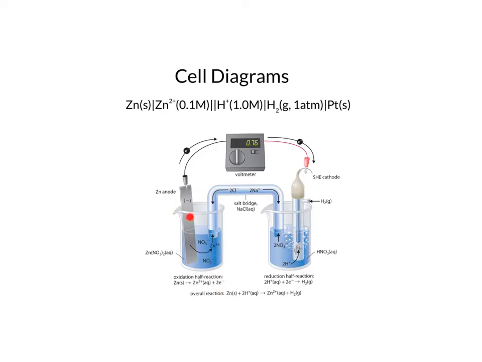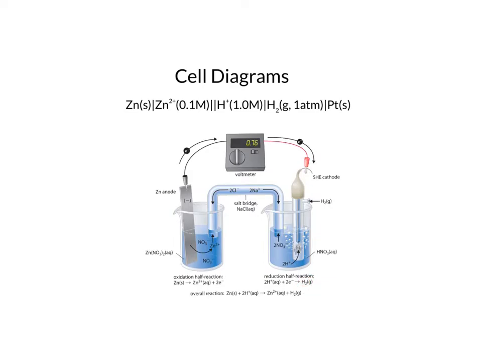Those 2 electrons can be conducted, because this zinc metal is conductive, through these wires, through this voltmeter, to the cathode, or the reduction half reaction. In this reduction half reaction, we have hydrogen cations, H+, and hydrogen gas. Neither of these two species is conductive, so we need something to carry those electrons into the solution so they're available to the H+ ions to combine with them to make H2 gas.